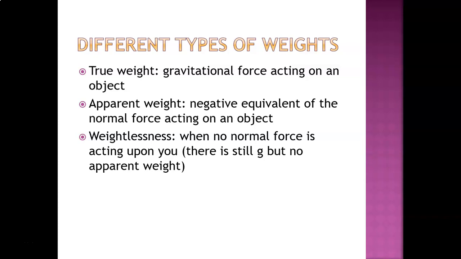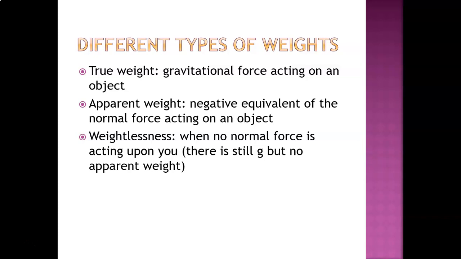So there are different types of weights. And I know we've taken a look at the force due to gravity before, but a true weight is a gravitational force acting upon the object. But the apparent weight is simply a negative equivalent of the normal force acting on the object. When things are weightless, there's no normal force acting upon them.